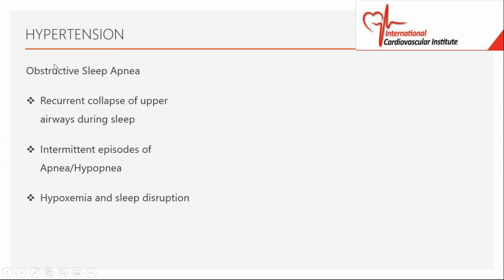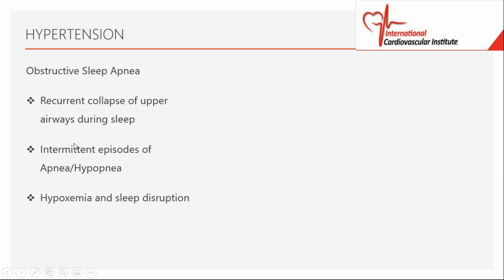What about obstructive sleep apnea? Recently we have recognized that obstructive sleep apnea accounts for a significant proportion of patients with secondary hypertension. These patients have collapse of the upper airway during sleep. The upper airway just sags and closes off the respiratory tract.